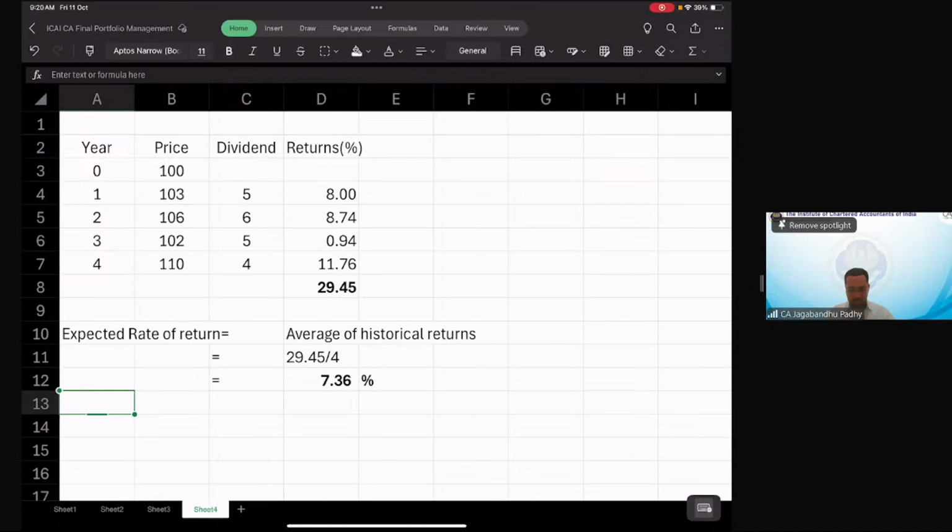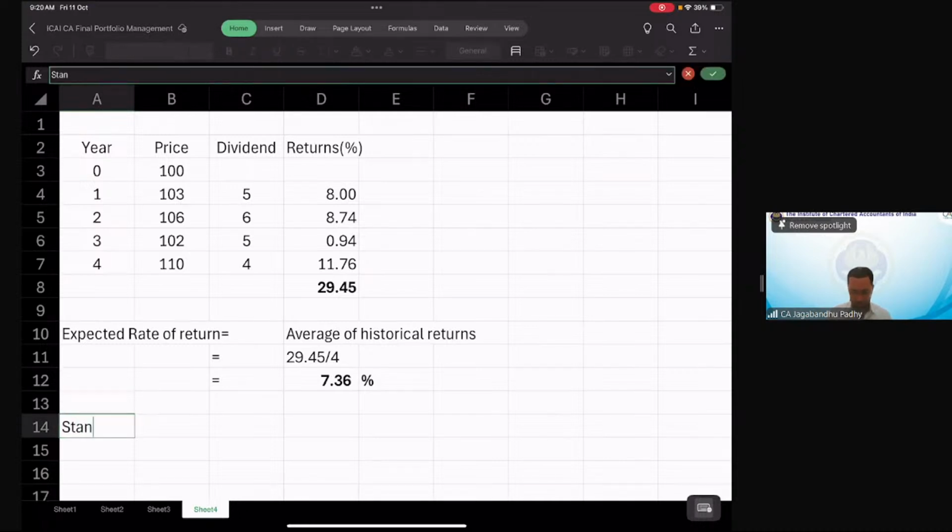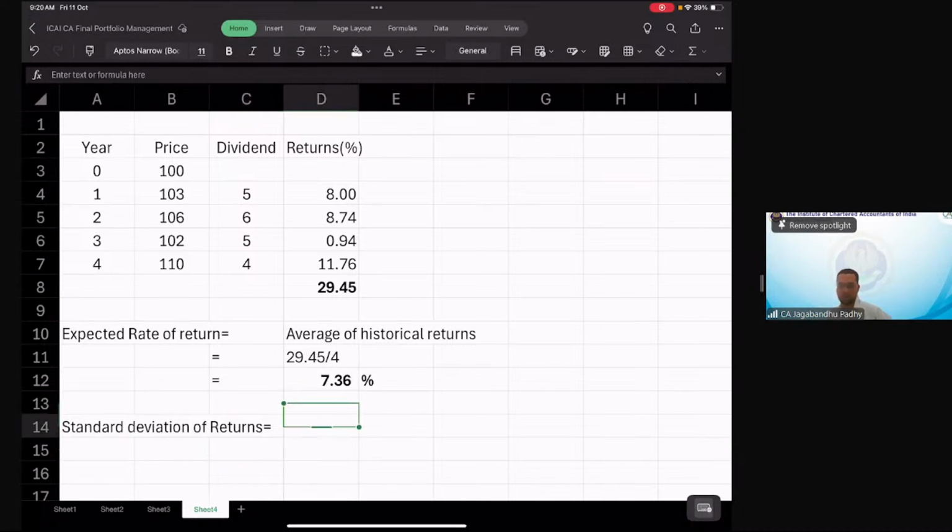So the standard deviation of returns is the measure of risk. Now, to calculate the standard deviation over here, the formula that we are going to use is a bit different.